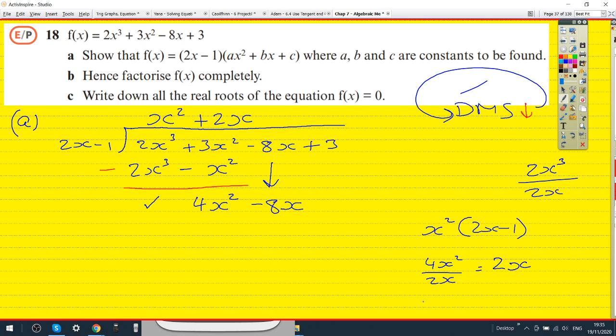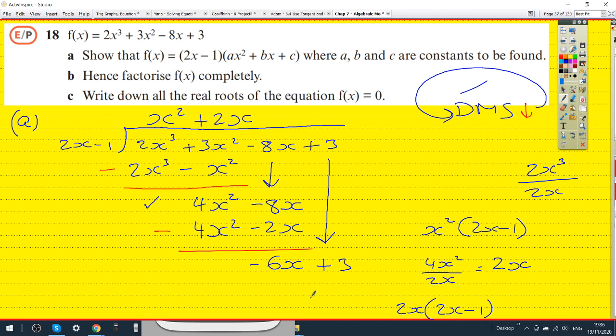So you get 4x squared minus 2x. And then you subtract again. So you get minus minus, minus 6x. And then you bring down the 3, plus 3 in the end.